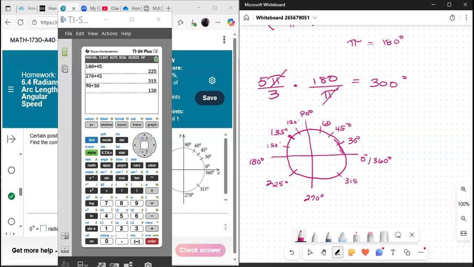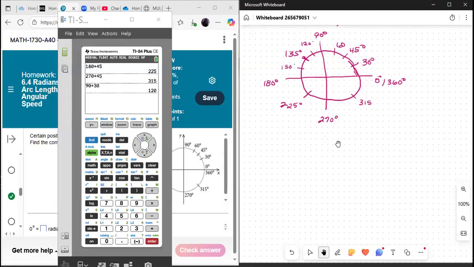So you could just keep going around and around, adding increments of 30 to get the rest. Now let's go ahead and do the same thing, only divide the circle up using radians. And then that will help you answer this question. Try another color.